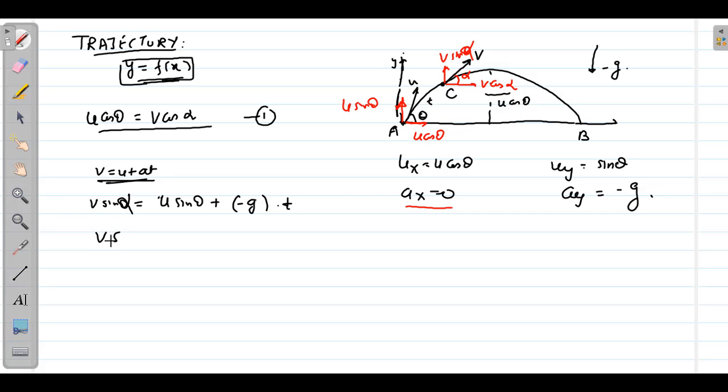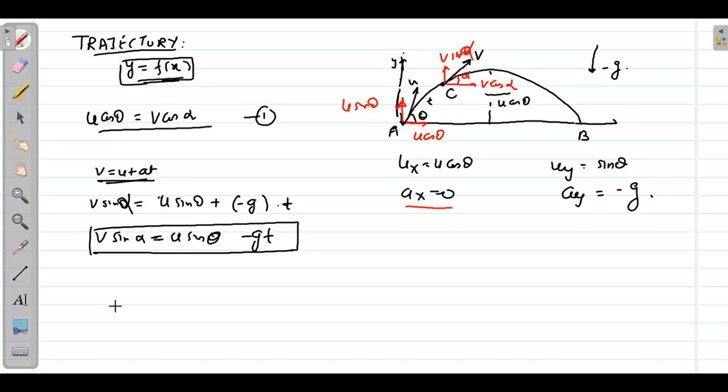That means v sin alpha equal to u sin theta minus gt. In this way, we can manipulate the values and find the desired value.